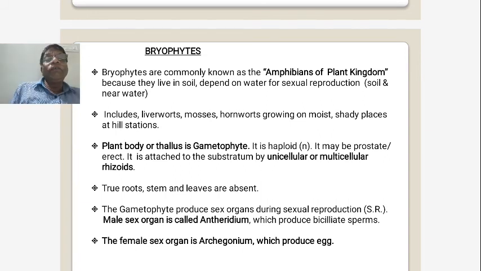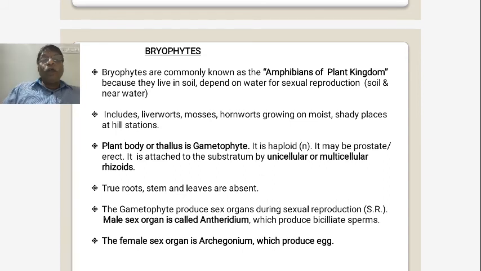Okay, we shall see another character. True roots, true stem, and leaves are totally absent. It means you should not write root, stem, and leaves in case of bryophytes. Why? Because the roots are totally absent.